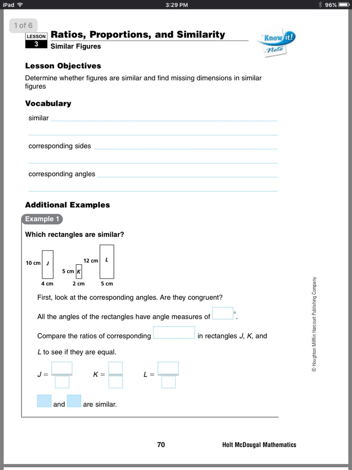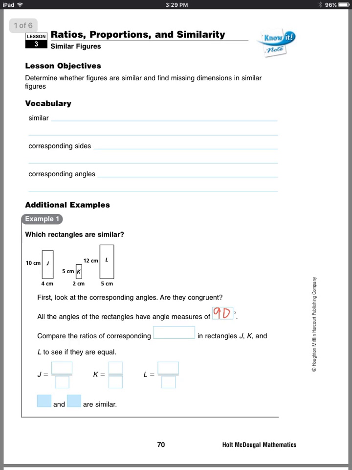So, we have rectangles J, K, and L. They are all rectangles, however, they are not all similar because all three of them do not simplify to the same ratio. All of the angles of the rectangles have a measure of 90 degrees because that is true of every single rectangle. Okay?